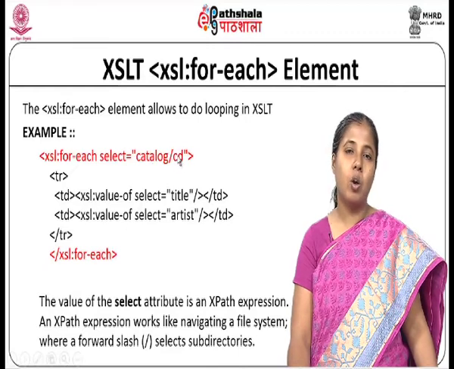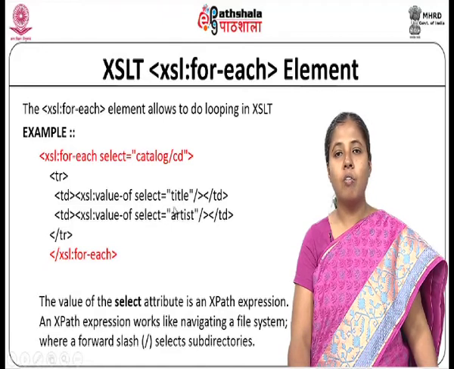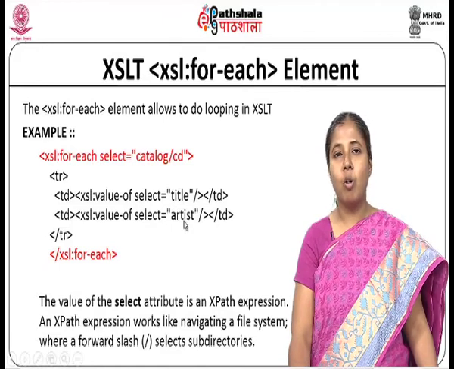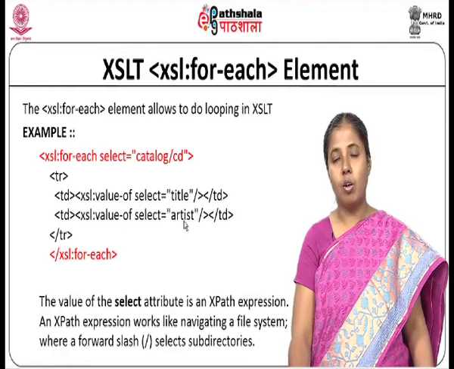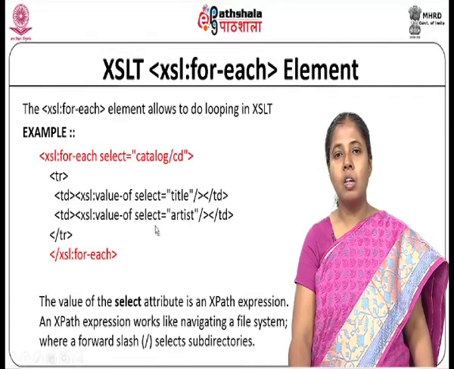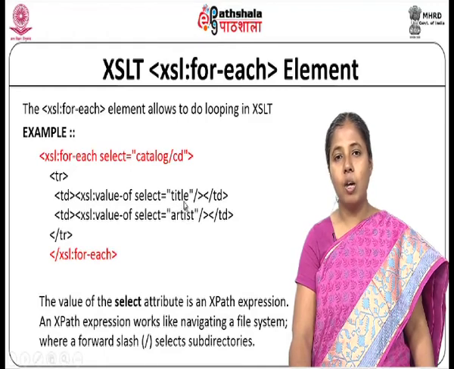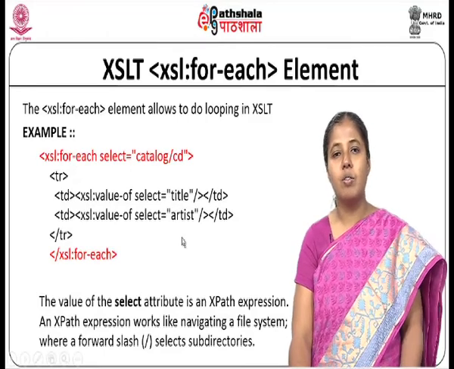You are in the CD tag, and within the CD you retrieve the value of title and artist. So, for-each is a looping statement which reads every CD of the catalog element and retrieves the text value of the title element and the artist element.